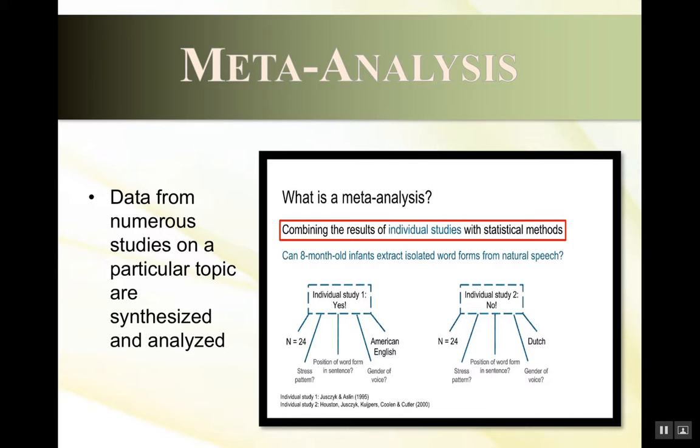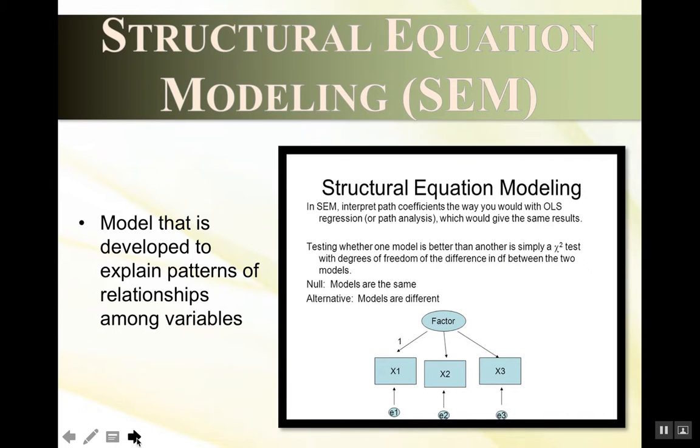So one may say yes, and then one may say no, and now they're going to look at it, and then they can expand on it later, combining their research methods to see what they may need to change to get better data, or maybe they need to use a different statistical method to see which one is correct or incorrect, to see if there needs to be changes in the research process.